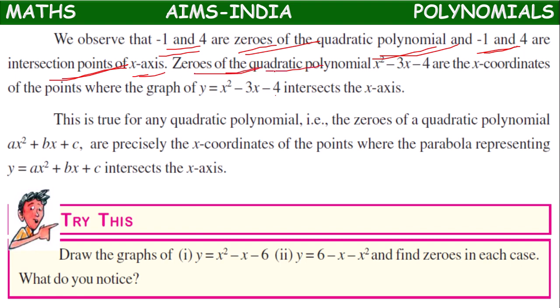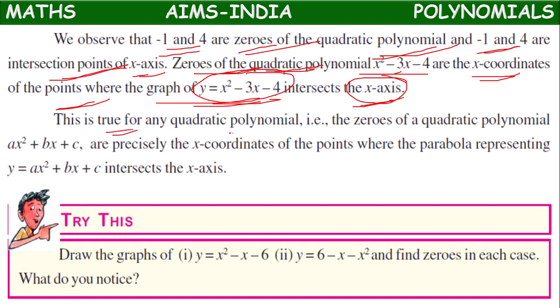So zeros of quadratic polynomial are x coordinates of points where the graph intersects x-axis. Here graph means parabola. So this will be true for any kind of quadratic polynomial. The zeros of polynomial mean the intersection points of parabola and x-axis.